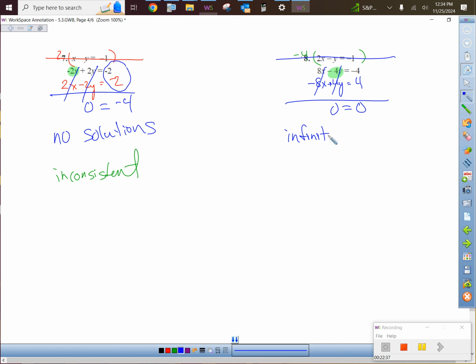Infinite solutions in the form, and this is the nasty part, x, y. I know this is new, but it seemed like last time we did a great job with it. Here's what sucks about this. In any of the equations upstairs, I do not know what y equals.